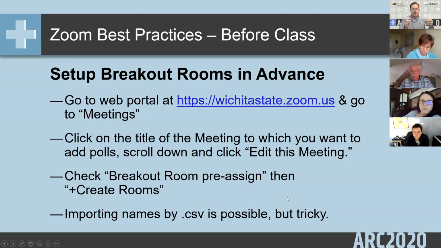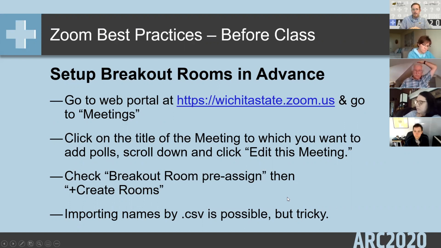If you're going to have small classes, you can manually enter people's email addresses to pre-assign them to breakout rooms. Most of the time, what I do is create rooms ahead of time so that when I open up breakout rooms in my meeting, I can just throw people in there randomly. I don't usually do pre-assigned groups.